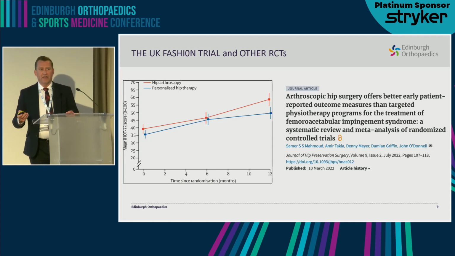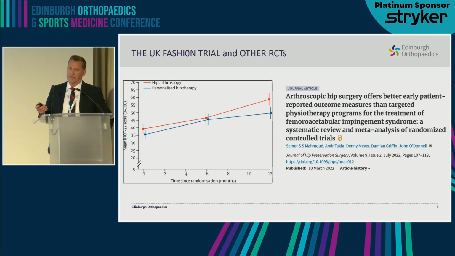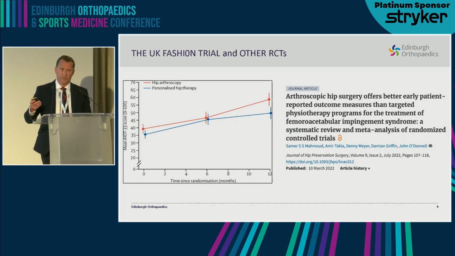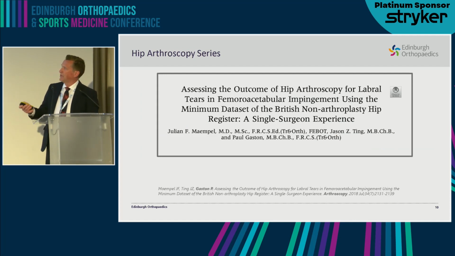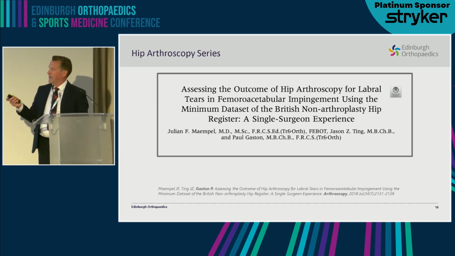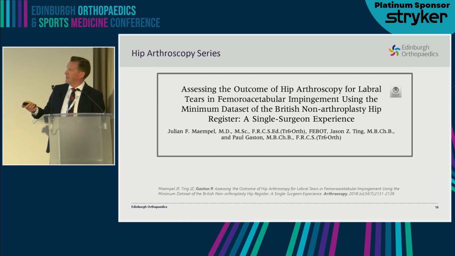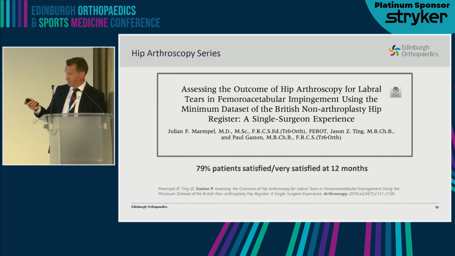And so I think now in terms of science and data, there's not that much doubt that this operation can make a difference for patients. We also looked at quite a lot of data here locally based on all the patients that were put into the non-arthroplasty hip registry, and a lot of this work was done by Paddy Robinson, who's in the room, and some of my other colleagues, and I'm very grateful to them for their help over the years.